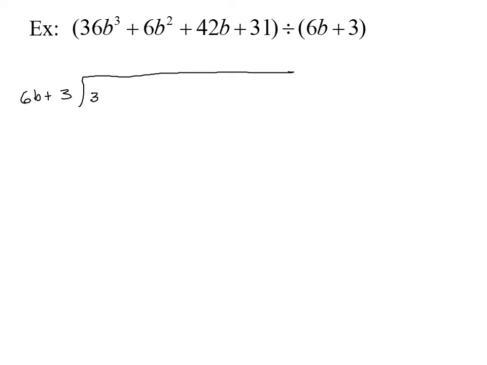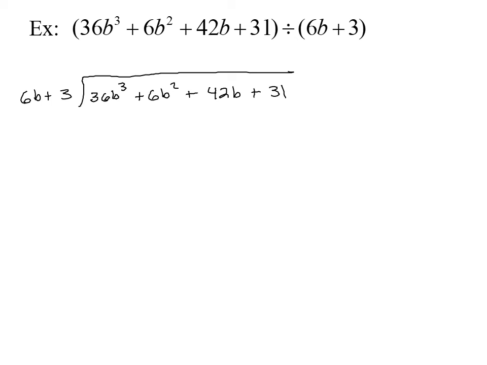And I'll have the 36b cubed plus 6b squared plus 42b, I left the b off, plus 31. And we're going to go through that same process again of those 4 steps.